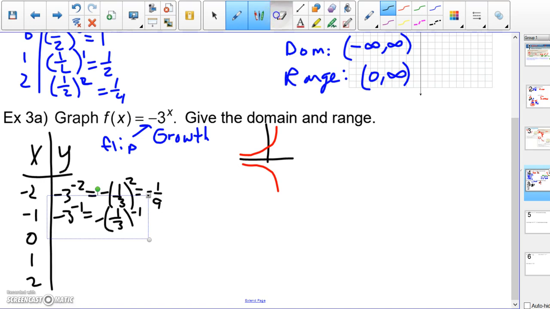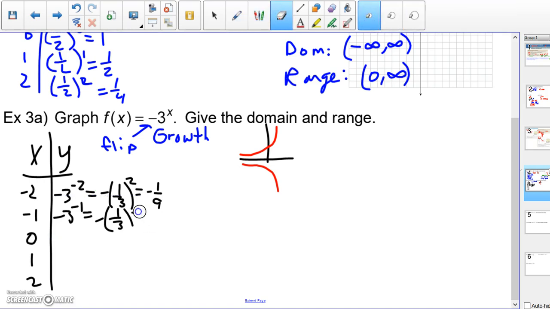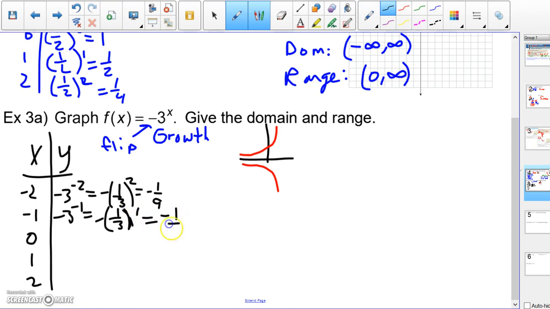Sorry, not negative anymore. -1/3. -3 to the 0 is going to be -1. -3 to the first is going to be -3. And -3 to the second is going to be -9.